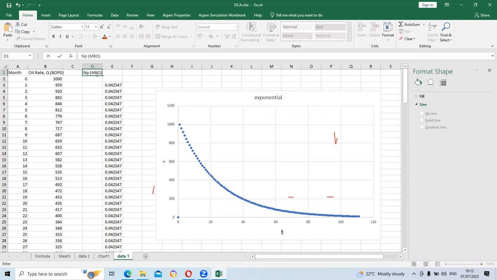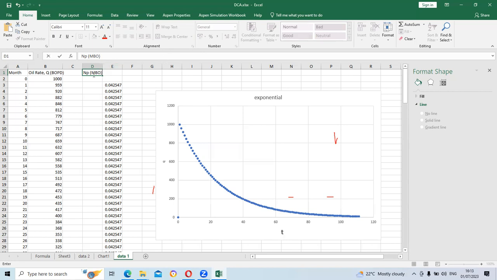That double M stands for million, one M stands for 1,000. All right, what is flow rate? Flow rate is barrel per day, and our production is supposed to be in barrel. If I take barrel per day multiplied by day, the day and day will cancel and I'll be left with barrel.